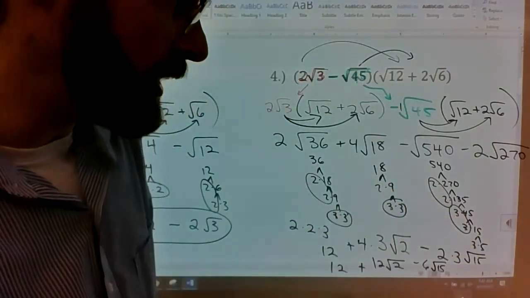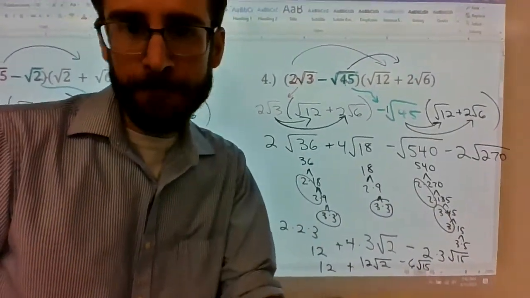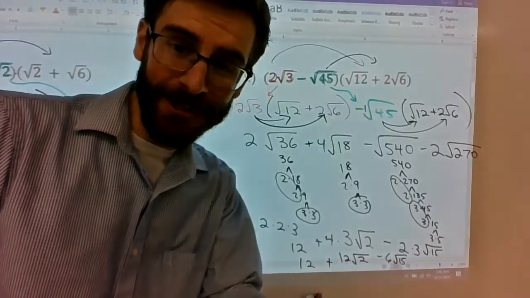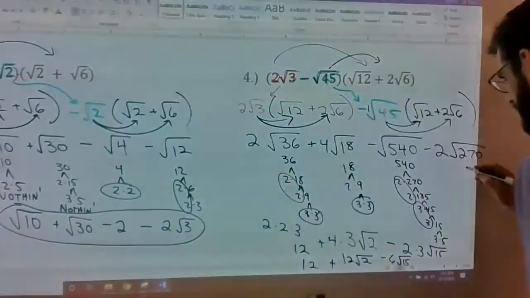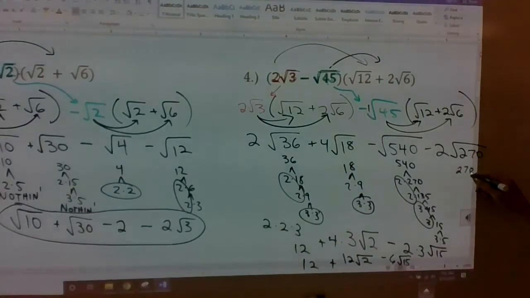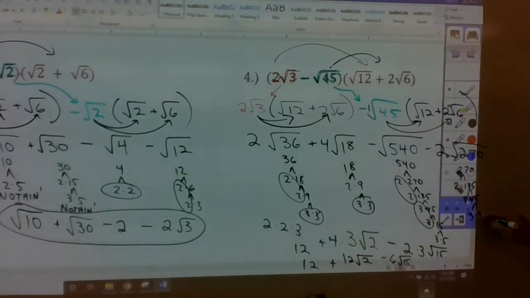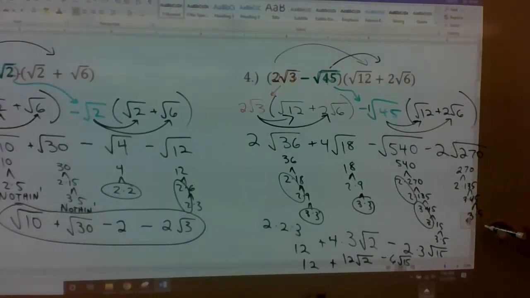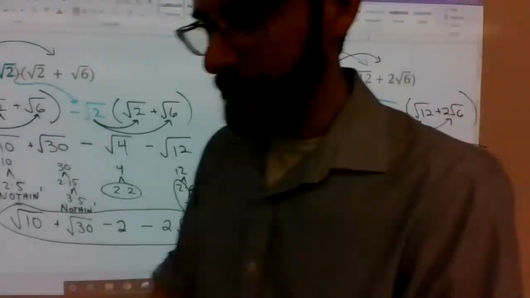All right, then the last one, breaking down 270. Ooh, we're approaching 18 minutes. I got to wrap this up quick. 270 I've already broken down over here, so I'm just going to copy my work. Looks like we got a pair of 3s.